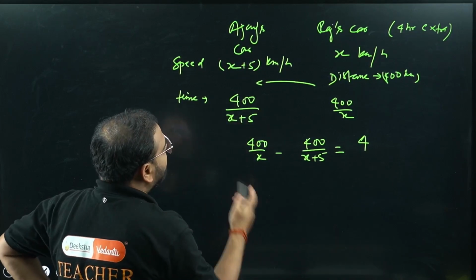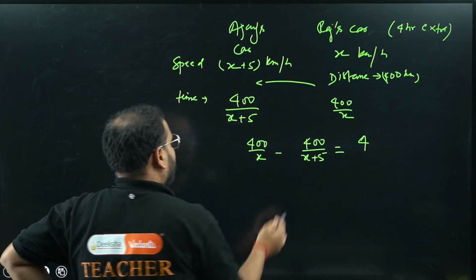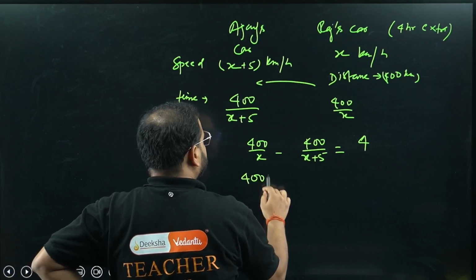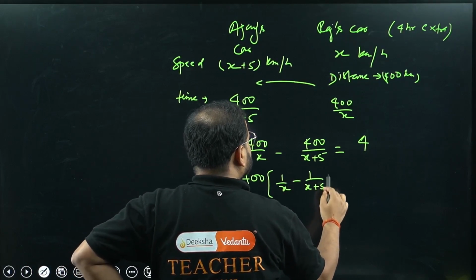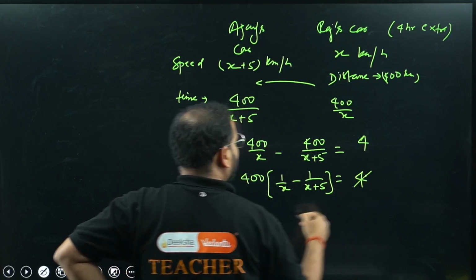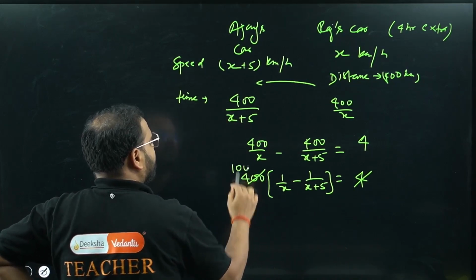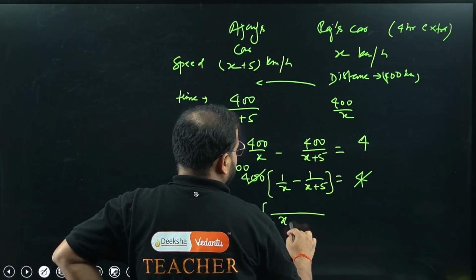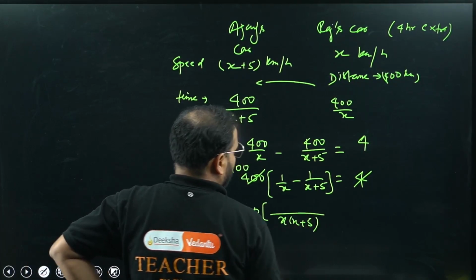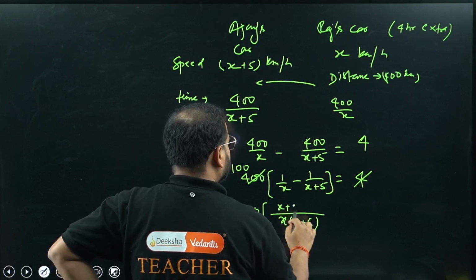Everything is in the same unit, kilometers per hour, no problem. Take 400 common. Cancel the 4 with 100, and I get 100. Take the LCM: X times X plus 5.